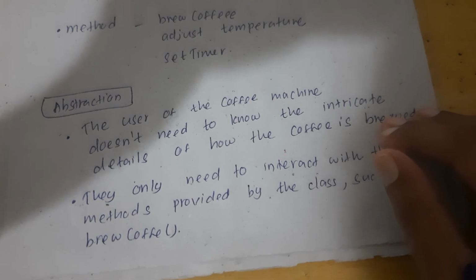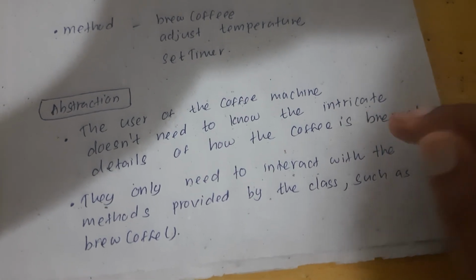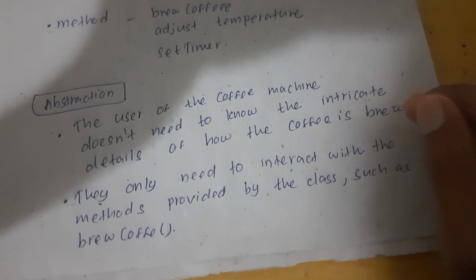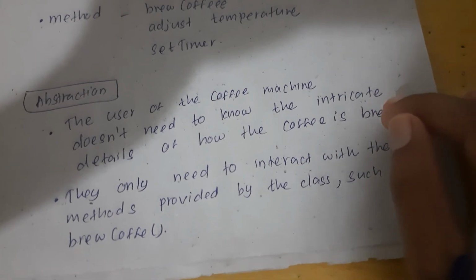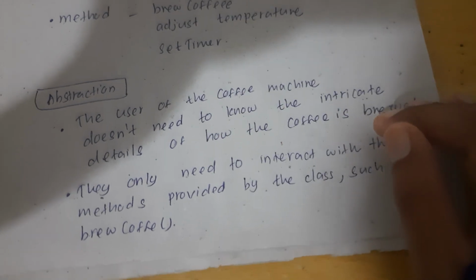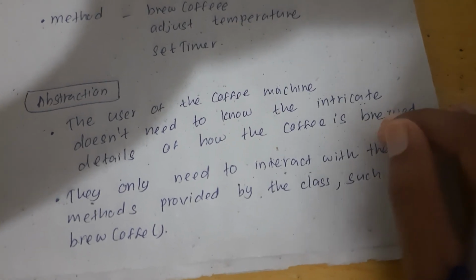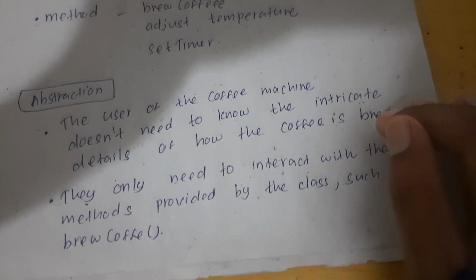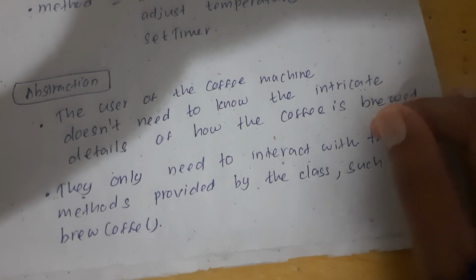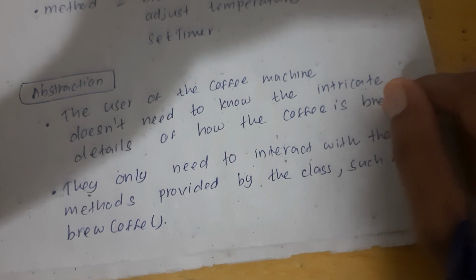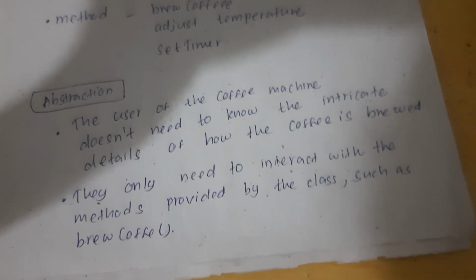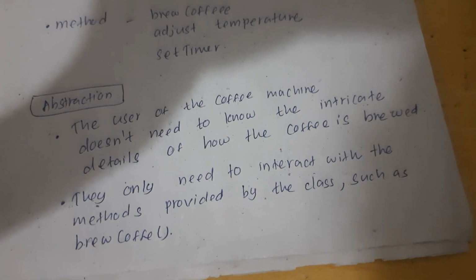The user of the coffee machine, or the programmer using the code, doesn't need to know the intricate detail of how the coffee is brewed. They only need to interact with the methods provided by the class, such as brew coffee and set timer, like that.